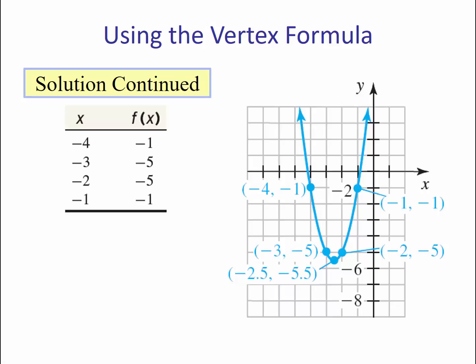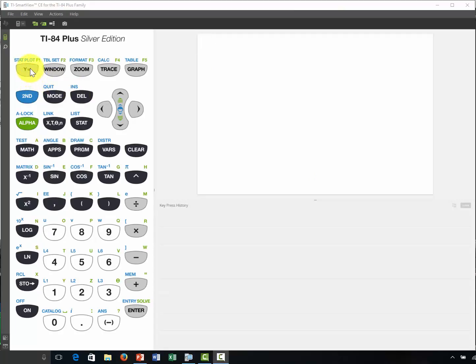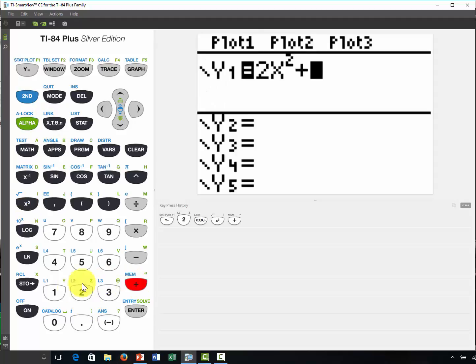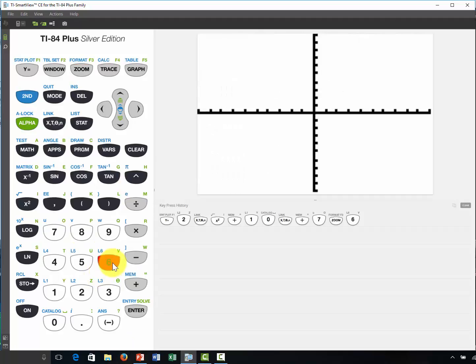We can also use the graphing calculator to sketch this, and that's what we'll do next. We go to y equals, we type in our function 2x squared plus 10x plus 7, hit zoom number 6. Okay, the vertex looks like it's about here.